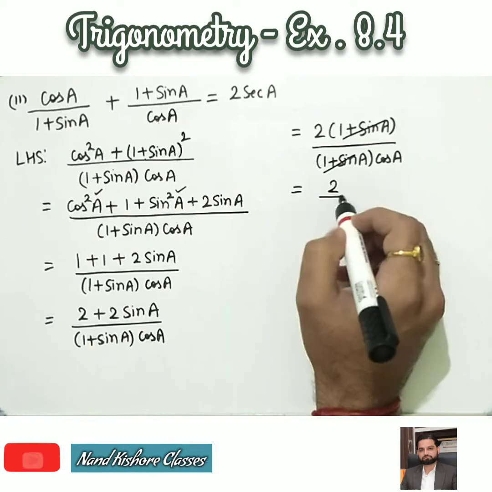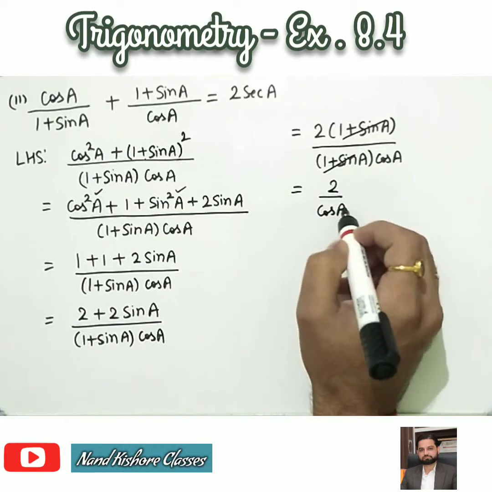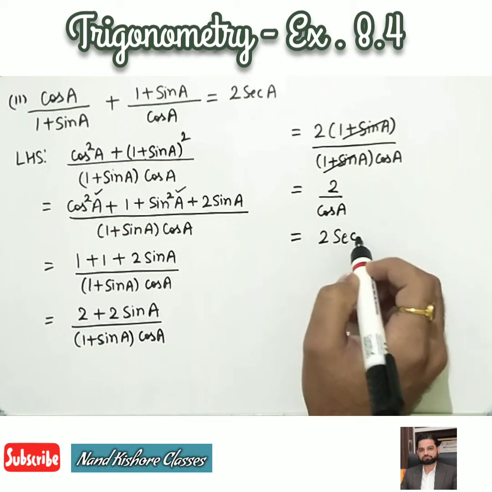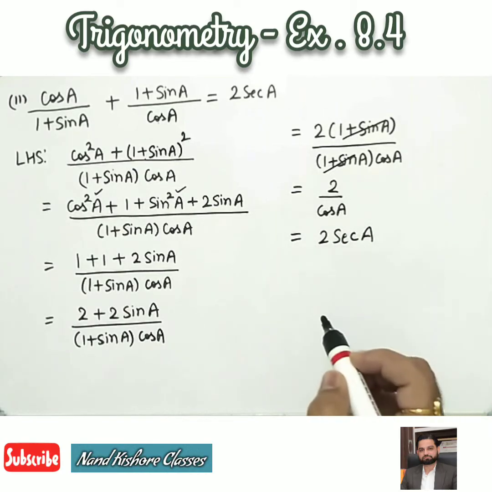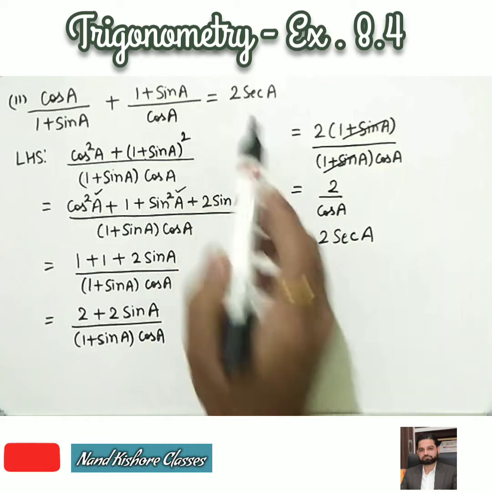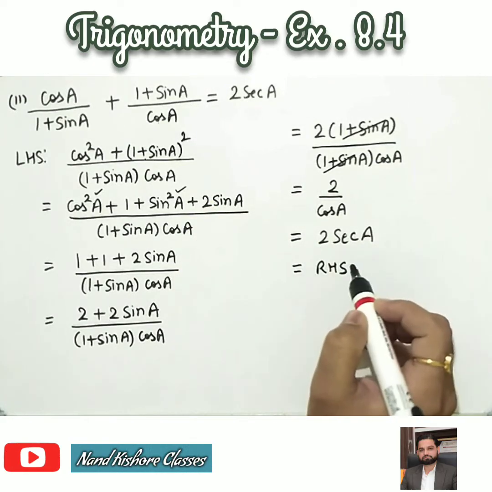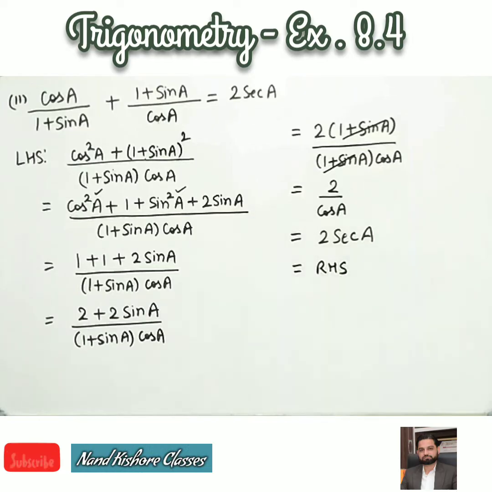We get 2 upon cos A, right? And 1 by cos A is equal to secant A. So we get 2 secant A, and this is what I wanted to prove, which is my right side. So it's very easy part. So first 2 parts we are done. Let's move to third part.